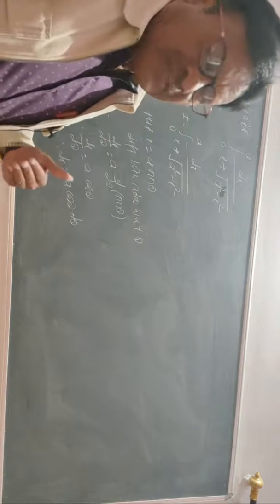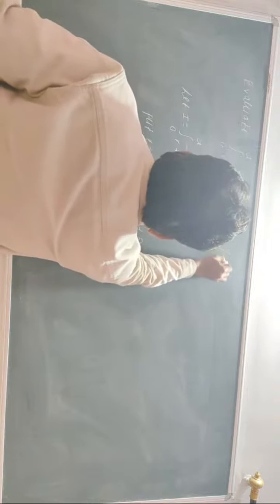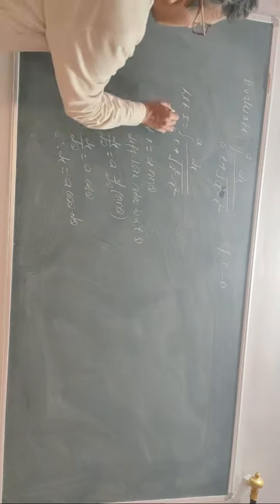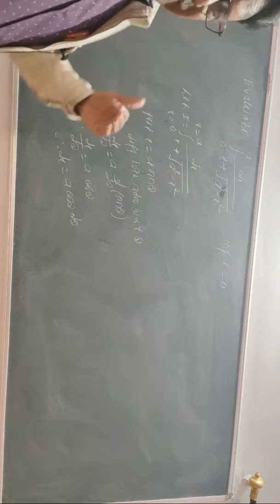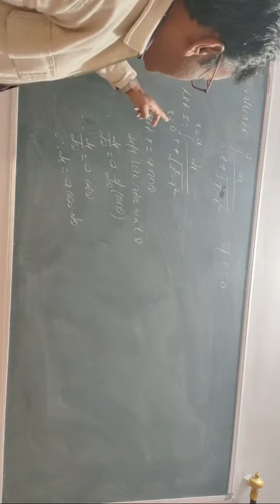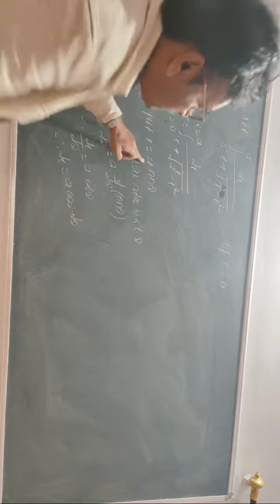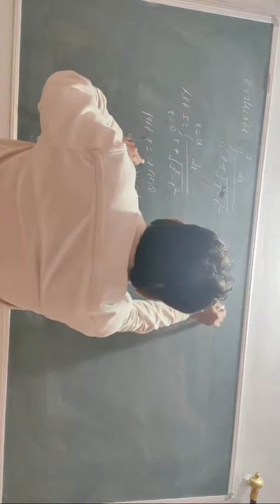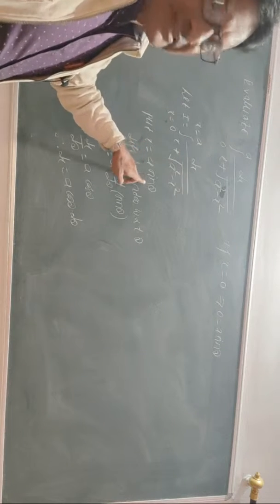Next we find the new lower limit and new upper limit. Here the lower limit is x equals 0 and the upper limit is x equals a. First the new lower limit: if x equals 0, we put x equals 0 in the substitution, so 0 equals a sine theta.